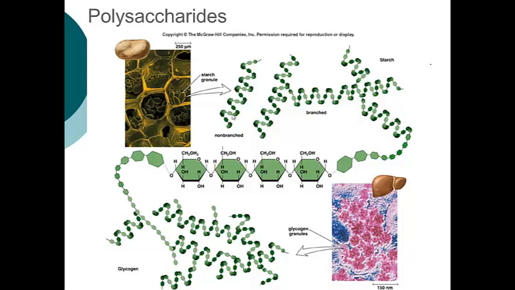You would see the unbranched, arranged in a slightly different way than we see in cellulose, and we would then see some that are branched and held together in a sort of meshwork.